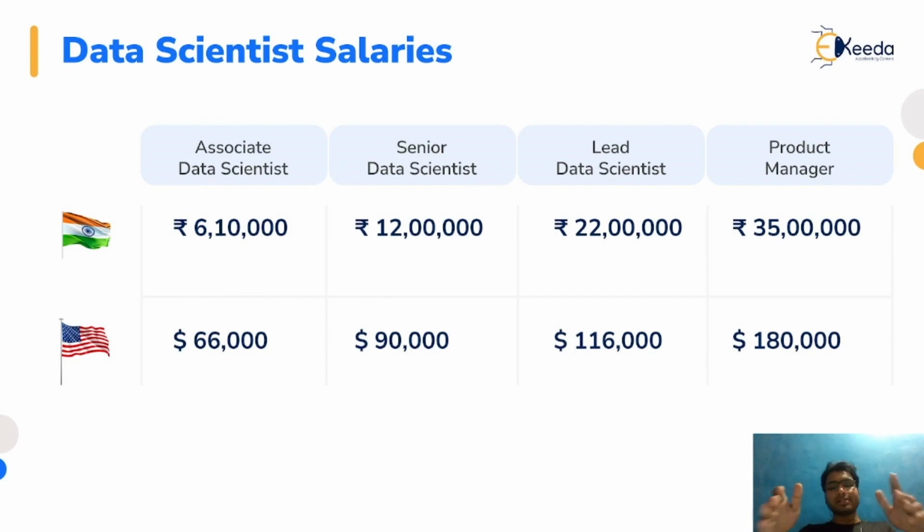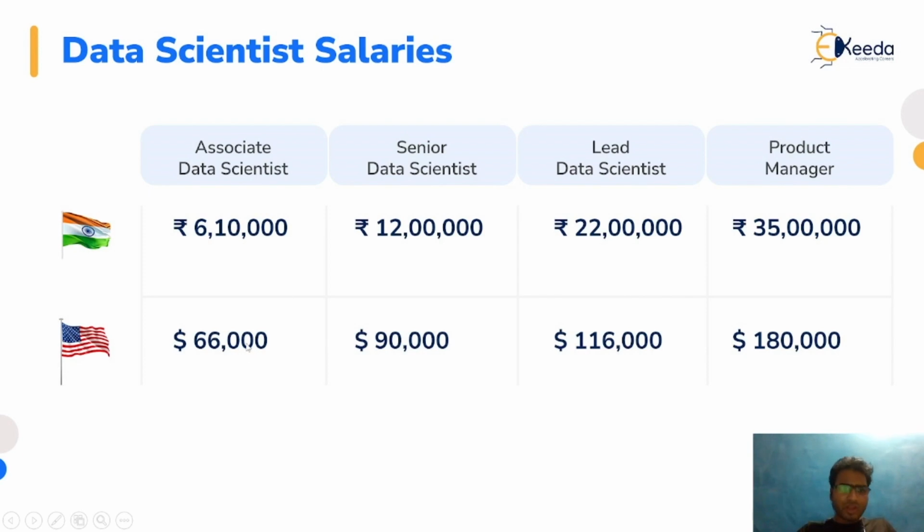This is a figure about estimations of salaries in India and in the United States. You can see that the median salary of an associate data scientist in India is approximately 6,10,000, whereas in the US it is approximately $66,000.